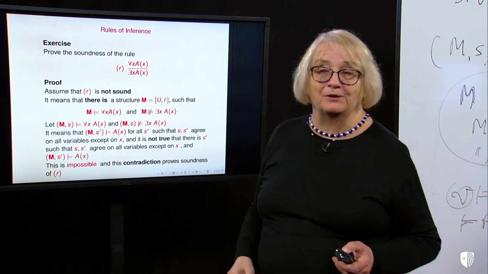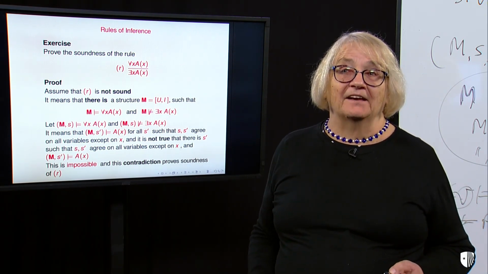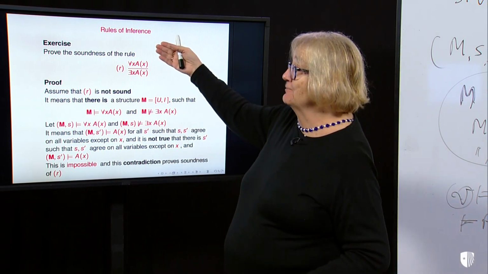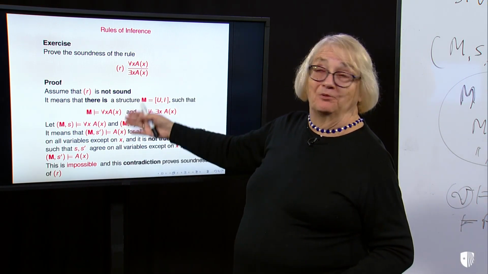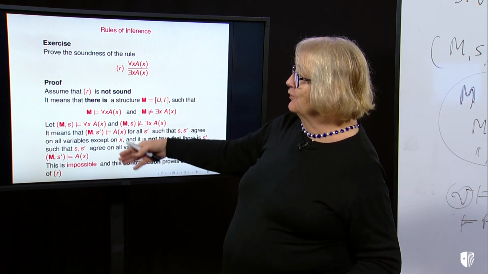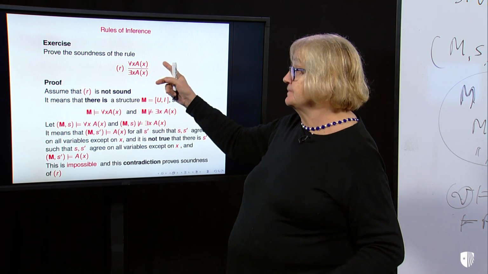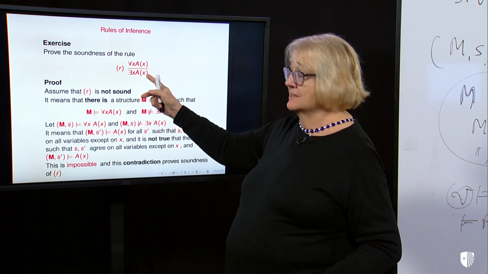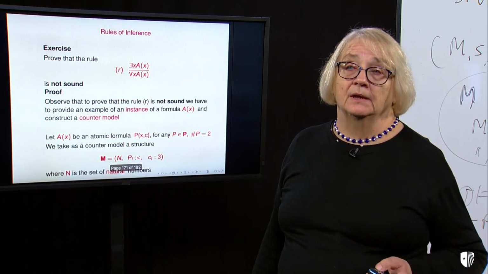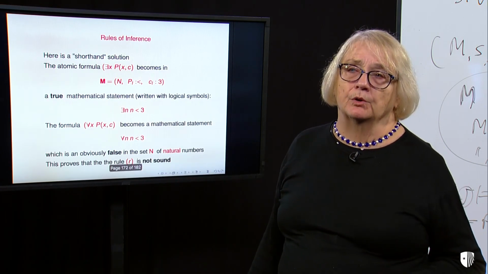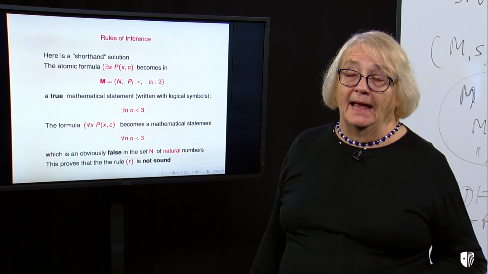I know that for all x A(x) implies there exists x A(x). We already proved it as a predicate tautology, but that is really the proof I rewrote. And the converse rule is not sound. You give a simple countermodel.